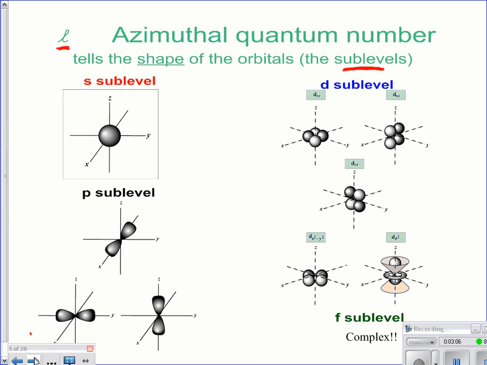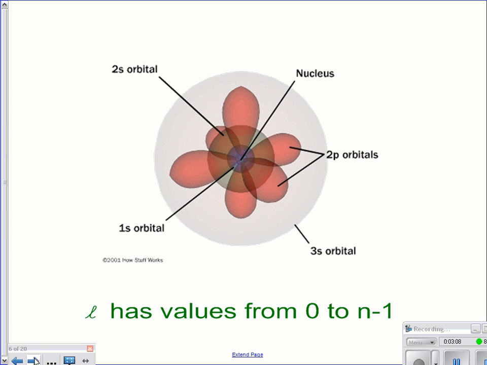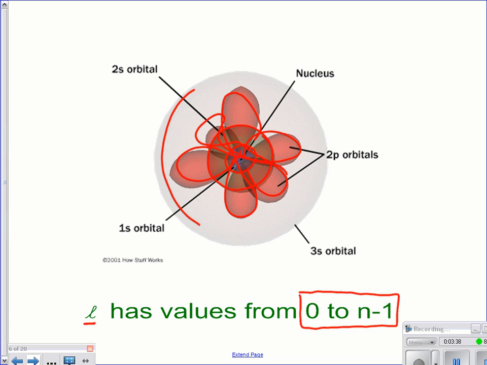If you follow Aufbau's principle, you fill up your 1s before moving to your 2s, before moving to your 2p's, before moving to your 3s, etc. All of those different sublevels have quantum numbers associated with them. So l has values anywhere from 0 to n minus 1.